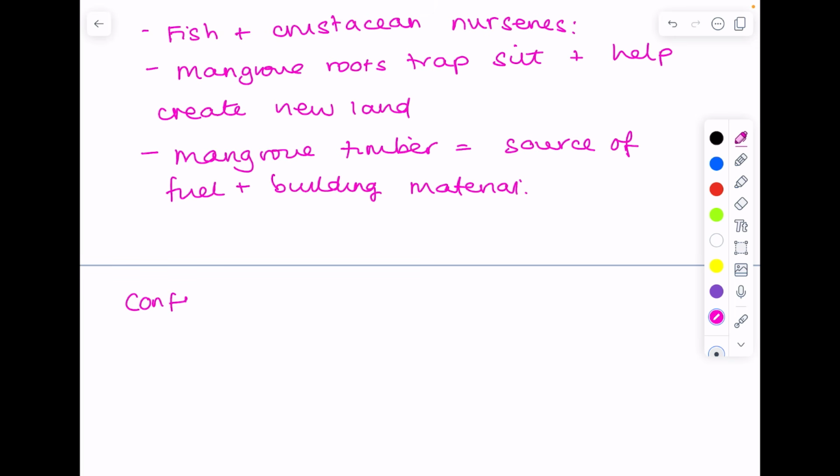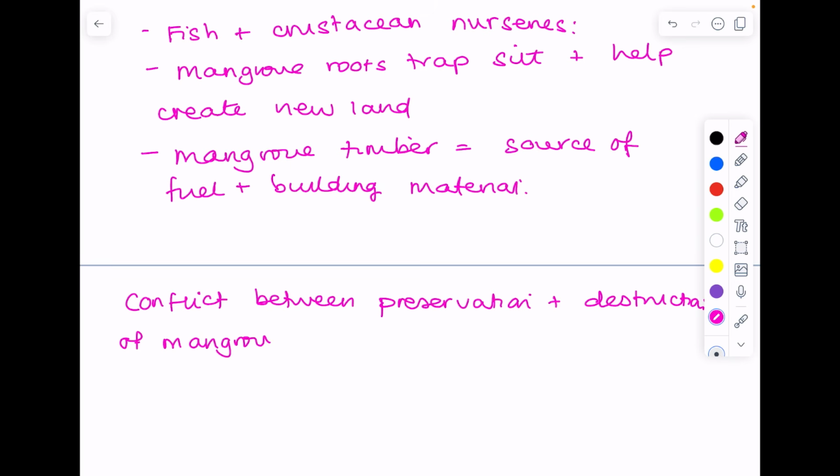So there's a conflict between preservation and destruction of mangroves. And we'll really talk about what those types of destruction are.